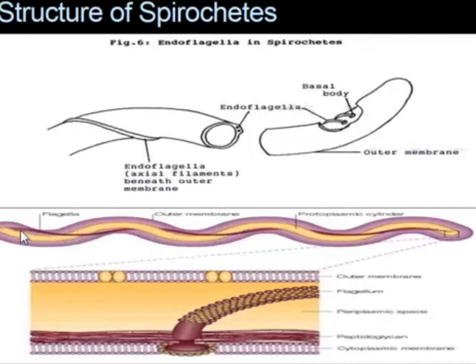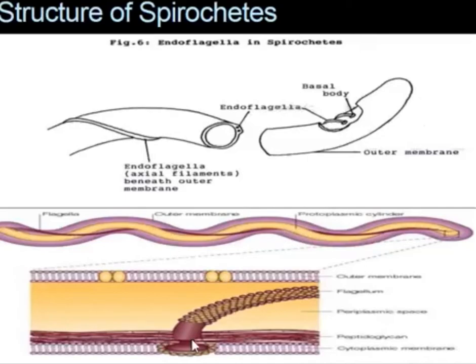And you can see there a very thin, dark red structure, which is also intertwined with the coiled cell wall of the spirochete organism. That's the endoflagella or the axial fibril or the axial filament or the periplasmic flagella or the periplasmic fibril of the spirochete organism. It's really seen intertwining with the coiled morphology of its cell wall.